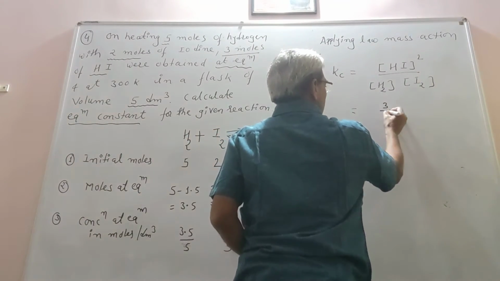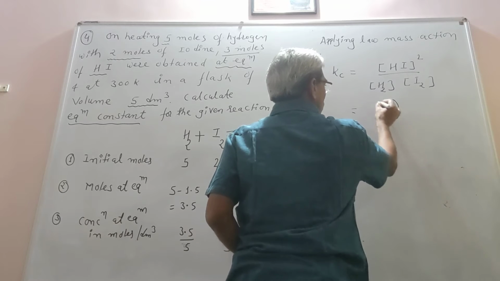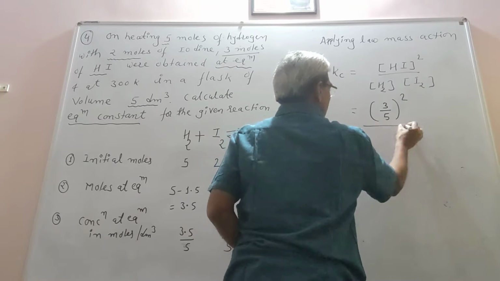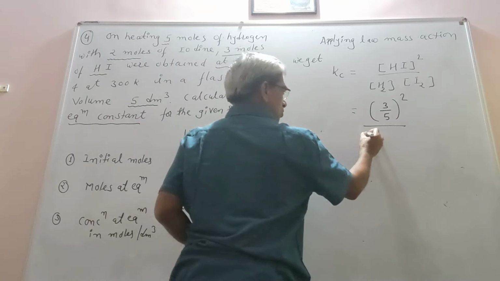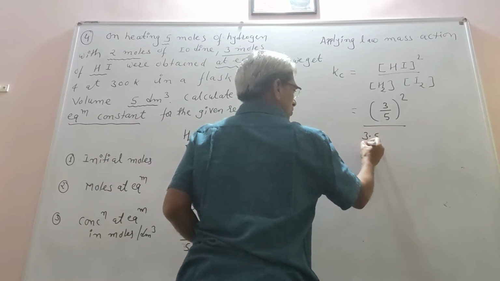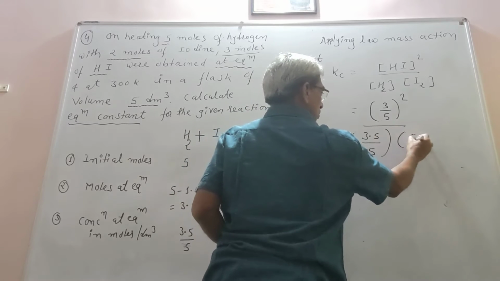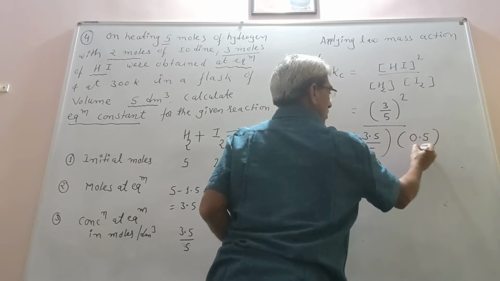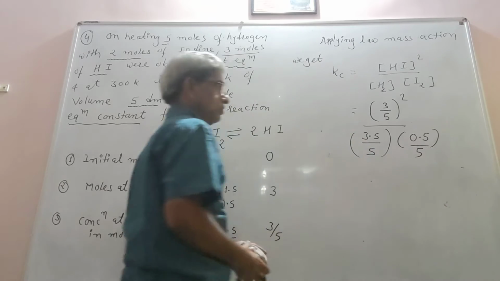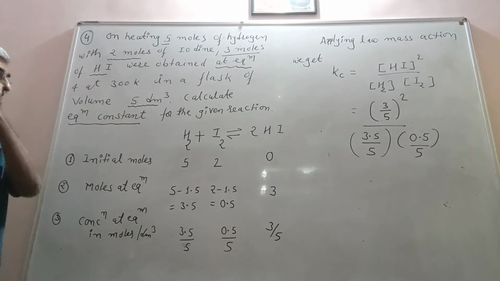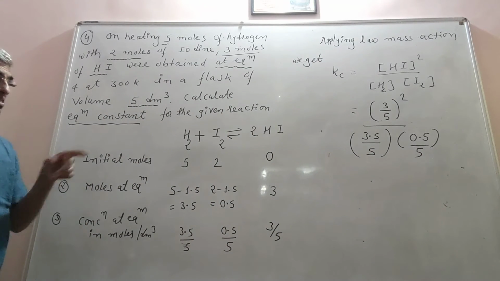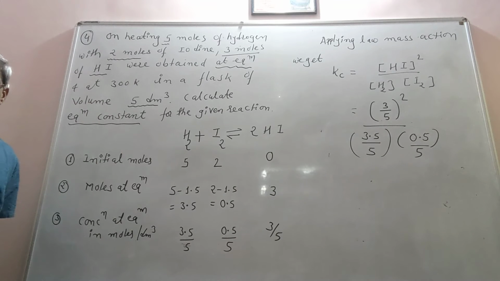Then 3 divided by 5 whole raised to 2 upon concentration of H2, 3.5 divided by 5, into 0.5 divided by 5. We substitute the values of these concentrations in that equation, and then simple calculations.